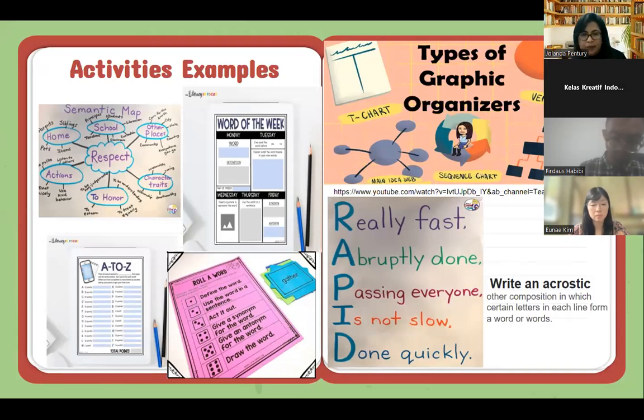And then abruptly done, sorry, passing everyone. And then I is not slow, and then done quickly. Bapak Ibu, I will challenge you to use this acrostic with the word sweet. S-W-E-E-T.